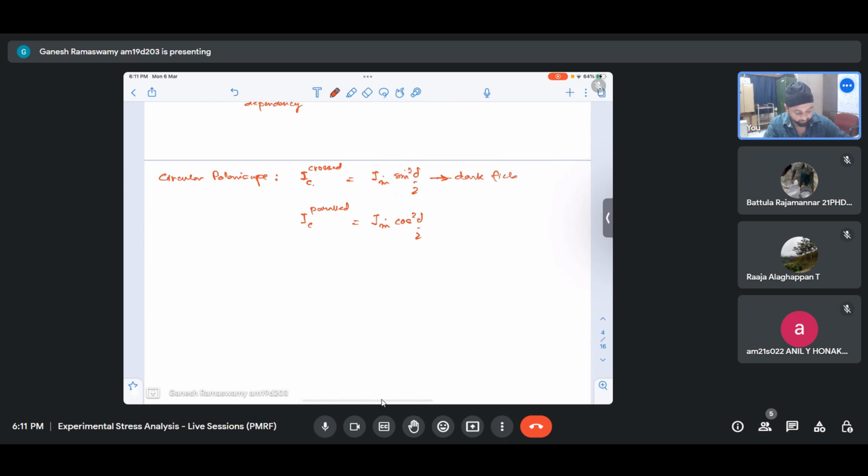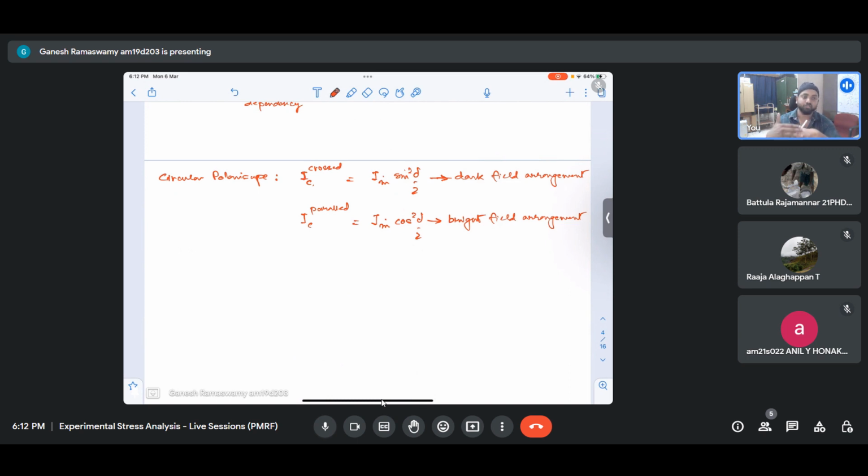And the other one is known as a bright field arrangement. Why? Because when we have a model, if our field of view is somewhat greater than the model, then we will be able to see the light coming from the background that is not crossing the model. Whatever light we get through the circular polariscope, if we keep a crossed combination of polarizer and analyzer, given that the quarter wave plates are crossed, we will see that the light gets extinguished.